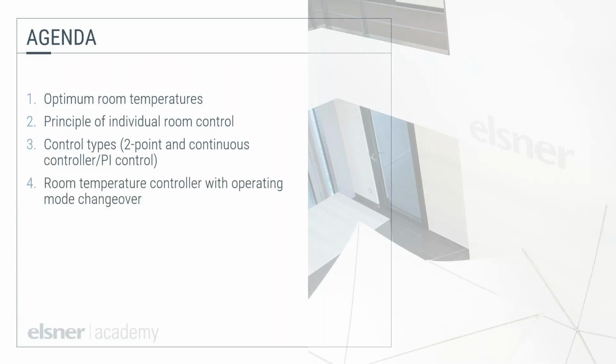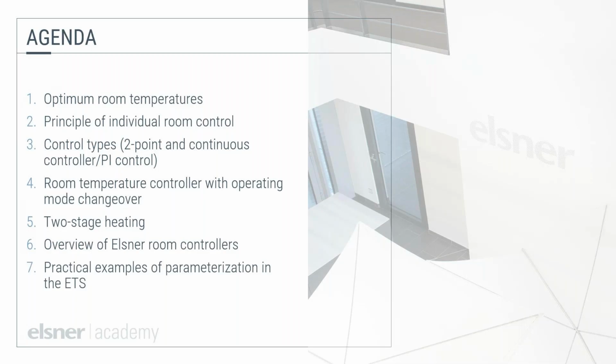Next, we will learn about the room temperature controller with operating mode changeover, so the switch point changeover in the controller itself. Afterwards, we have a look at the 2-stage heating. Then we will have an overview of Elsner Elektronik's KNX room controllers that can help with the topics we will discuss beforehand.